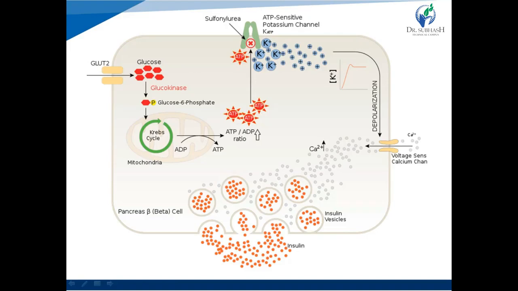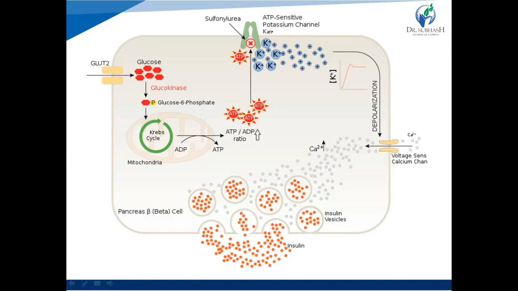I am repeating. GLUT2, glucose transporter 2, transports glucose to the pancreatic beta cell. With the help of glucokinase, glucose is converted into glucose 6-phosphate, which enters the Krebs cycle in the mitochondria, and then energy is produced in the form of ATP.